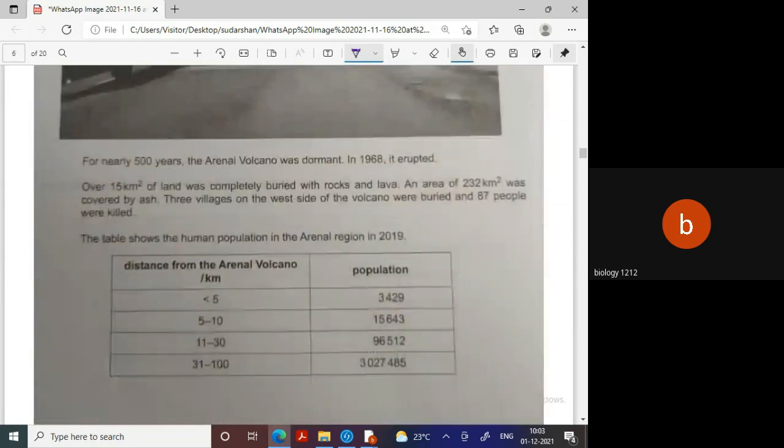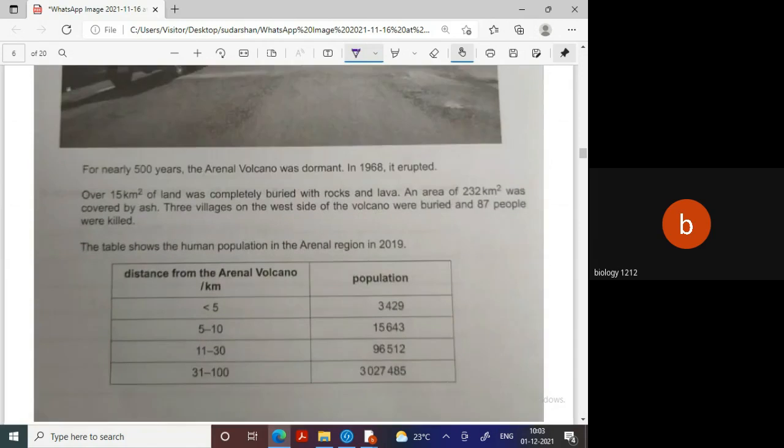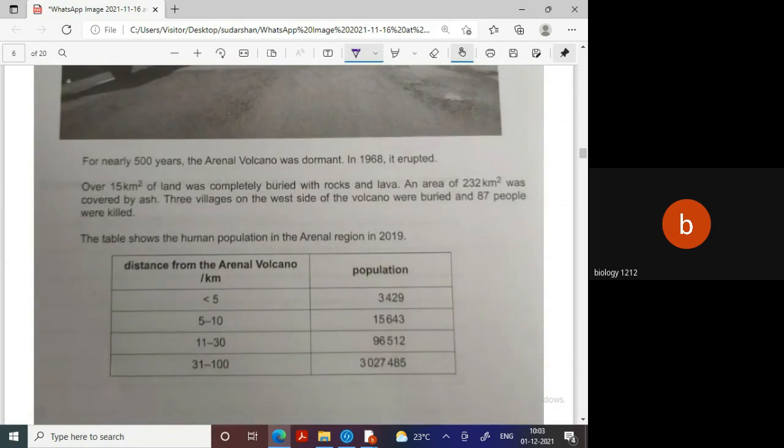Moving to the next question here about Costa Rica, about the volcano. Yes, they have linked the chapter with the volcano also. Here they have given you some areas, distance from the Arenal volcano per kilometer, and the population for that.